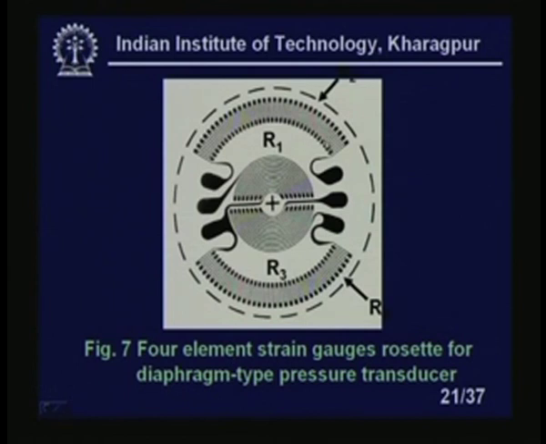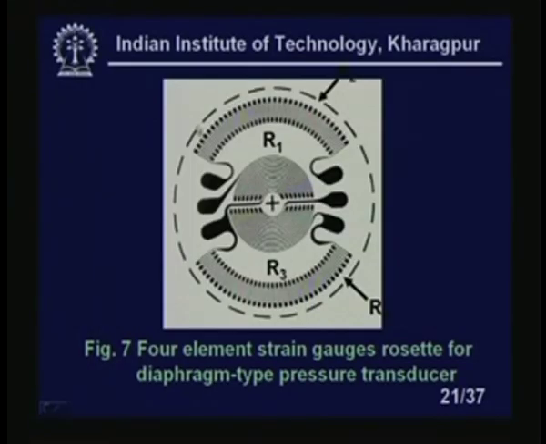These strain gauges will sense R2 and R4. This is R2 and this is R4. This will sense the radial strain, which is maximum at the circumference. This is the total diaphragm gauge, and this is the size of the diaphragm, the radius R.